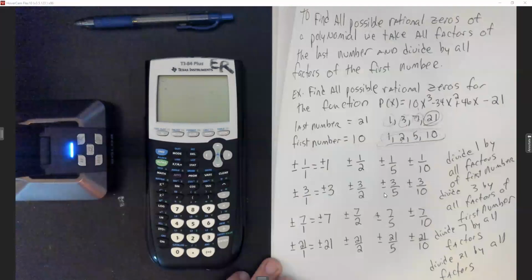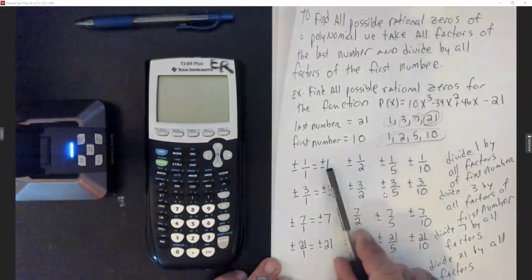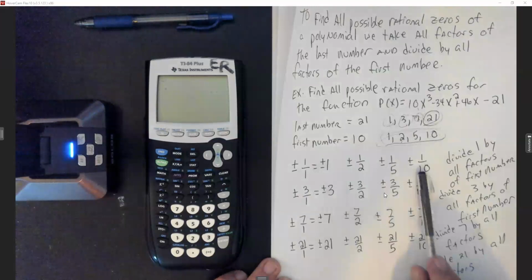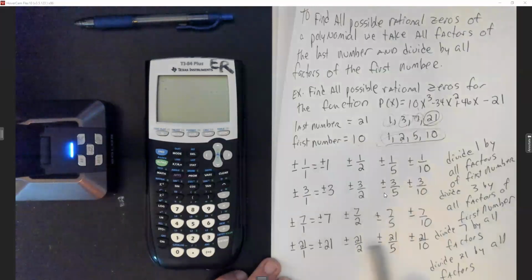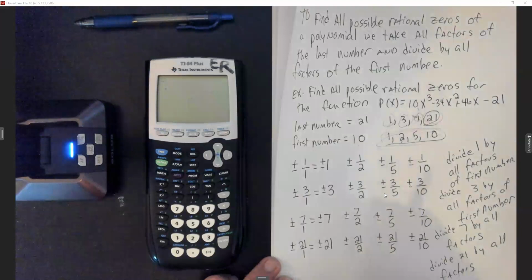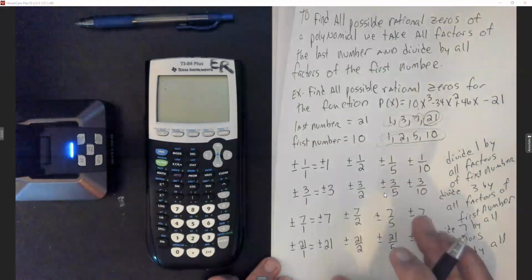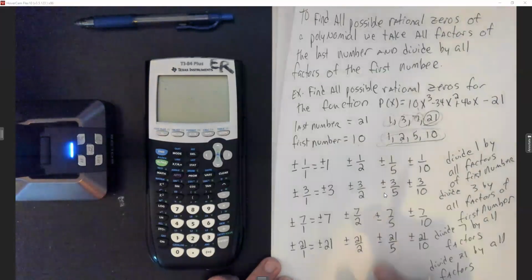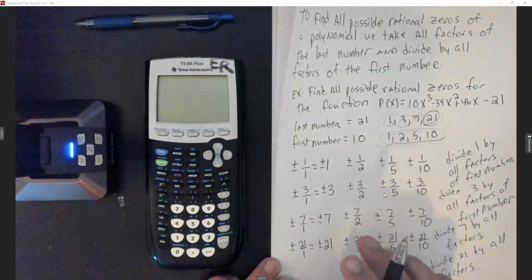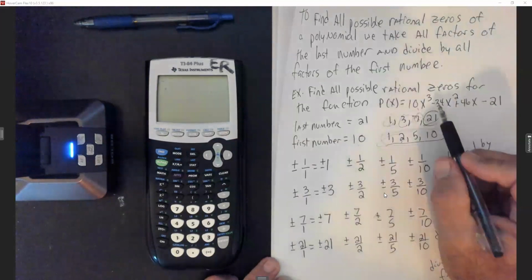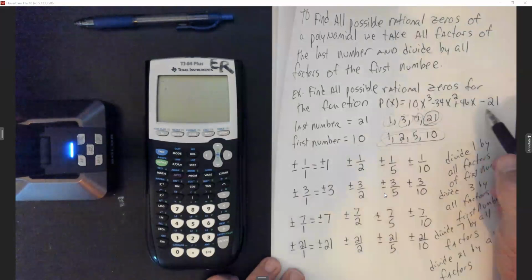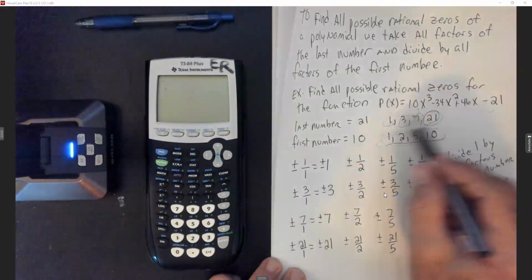So that's all these, the 1, plus minus 1, plus minus 1/2, 1/5, 1/10, all these numbers are possible zeros. I'm not guaranteed they're zeros, but these are the numbers I would check to find zeros for this polynomial, okay? If it's not a factor of 21, it's definitely not going to be a zero of that, okay?